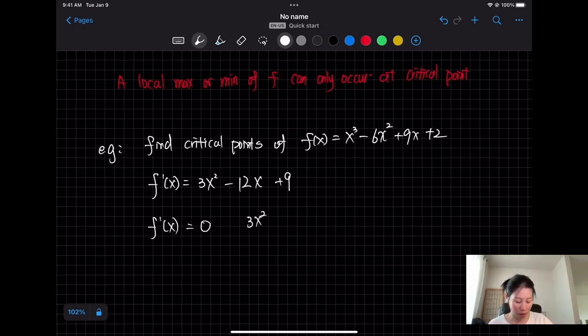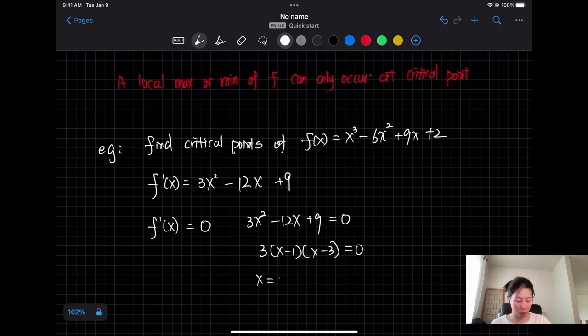Then the critical point occurs when the first derivative is equal to 0. So I have 3x squared minus 12x plus 9 equals 0. When I solve that, use the AC method, pull out the 3, I have x minus 1 and x minus 3 equals 0.